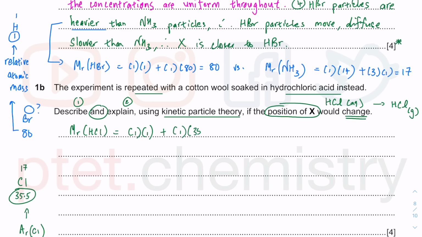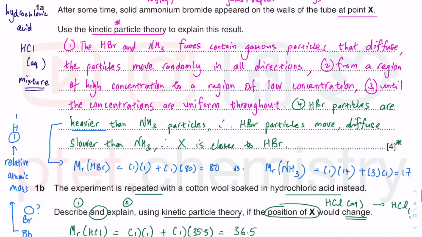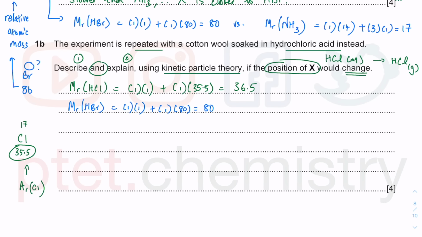So 1 times 35.5, the mass is 36.5. What I'm going to do is copy that, but then you should know how to write this again. So the MR of HBr very clearly is 80, and since we are still using the same NH3, you know it's still the same NH3 gas.